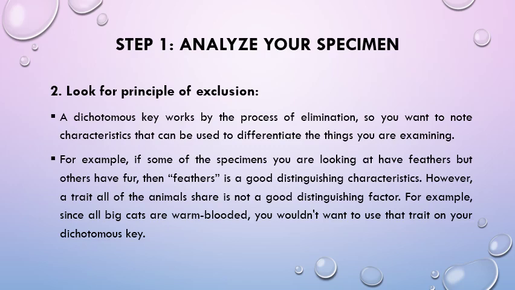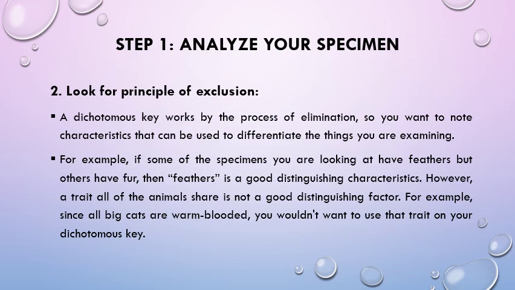If you have a group of organisms and you want to identify them, and all the organisms of that group are warm-blooded, then how can you make the contrasting pair for that particular group? For example, if you write warm-blooded or cold-blooded, then obviously all your organisms are warm-blooded, so all the organisms will be written under warm-blooded, and you will have nothing under your contradictory statement.